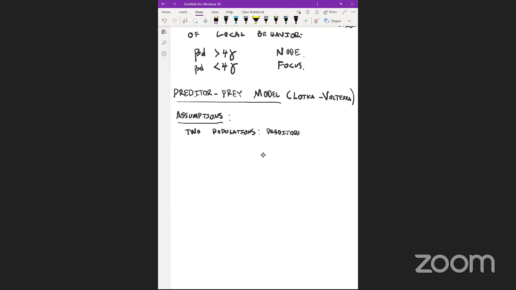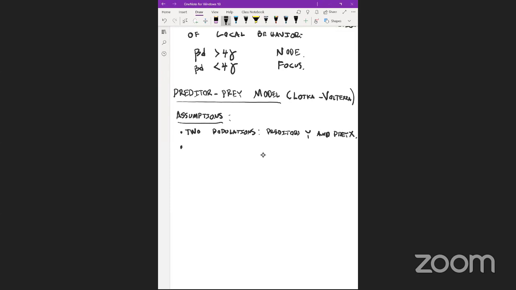Let's call predators Y. We're going to assume the populations are large enough that we're not concerned about individuals, so that we can think of them as a continuous mass.